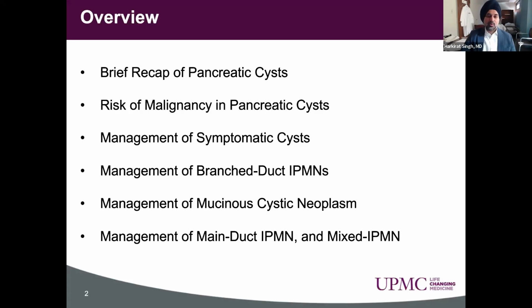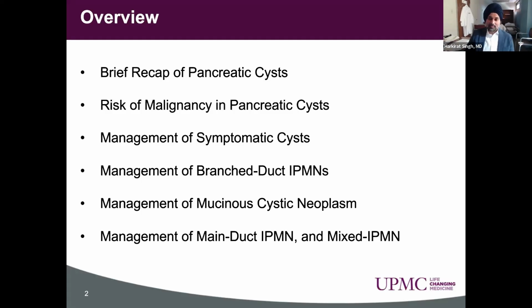So in this talk, I am going to briefly recap what are the kinds of pancreatic cysts. Two of my colleagues have already presented on that. This is just to refresh your memory. I'll be talking about the neoplastic cysts. Then we're going to talk about what is the risk of malignancy in these cysts. How do we figure out what is the risk that some pancreatic cysts can eventually turn into cancer?